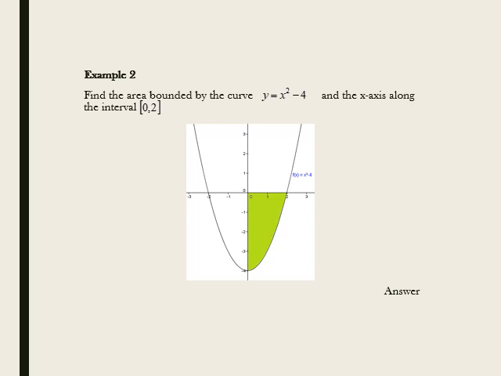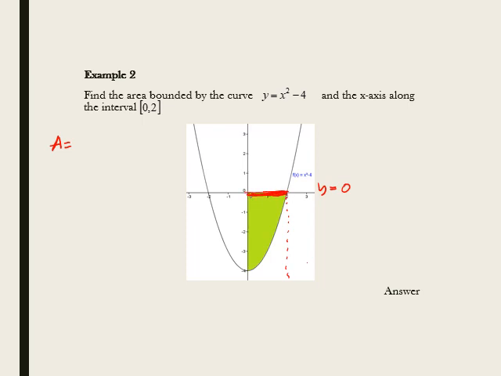So it's a negative. If you find from 0 to 2, it will be like this, right? So now area is equal to the x-axis, which is y equals 0. Sorry, y equals 0 here.